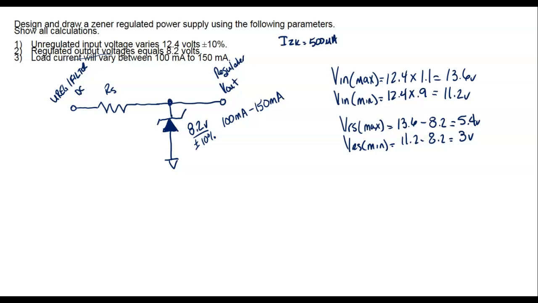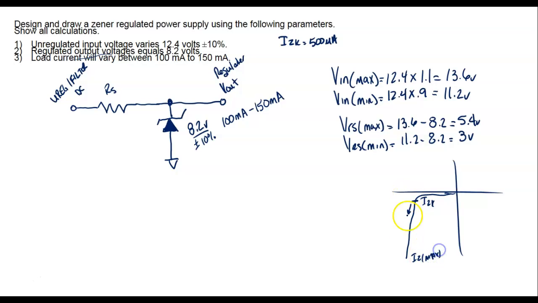So if I'm going to calculate that resistor, we're trying to keep this thing operating above what we call the knee. We've got to operate it at a current that's above the knee. So I'm going to do everything I can to make that thing operate up in here. So this is IZK, and this is IZ max.